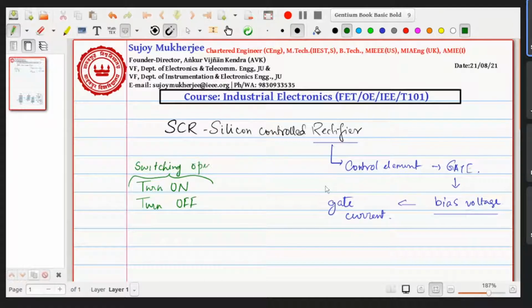In the last class we discussed a classification of how we differentiate between linear operation and switching operation. Once we use the term switching, we immediately understand that a device will be switched on and a device will be switched off. If you remember, I gave one specific analogy, though it doesn't match exactly in the same way.